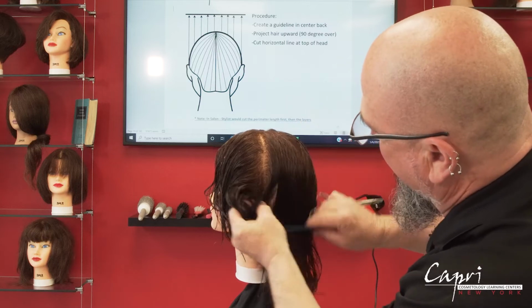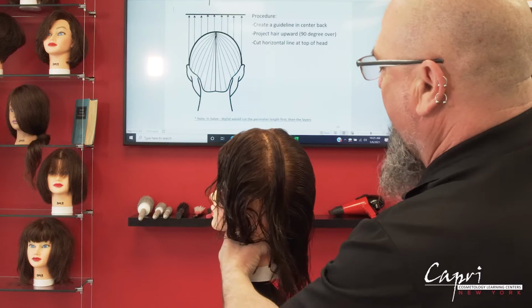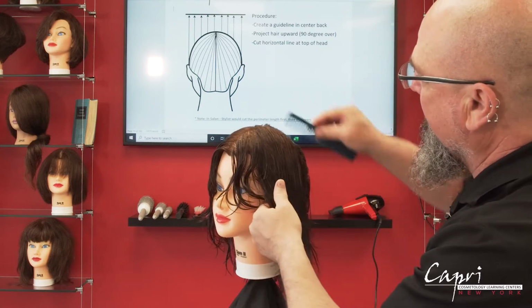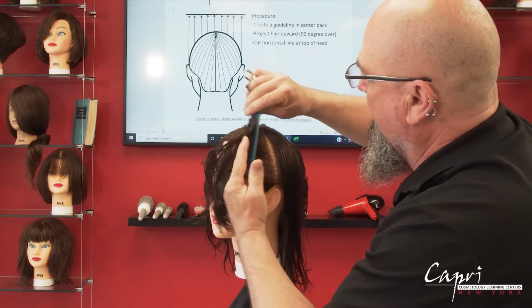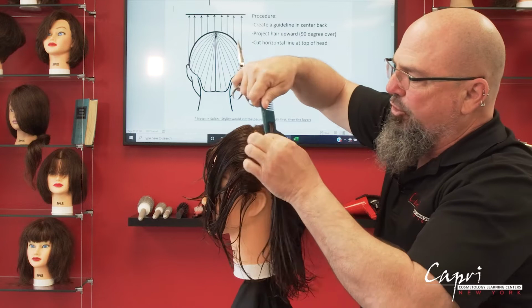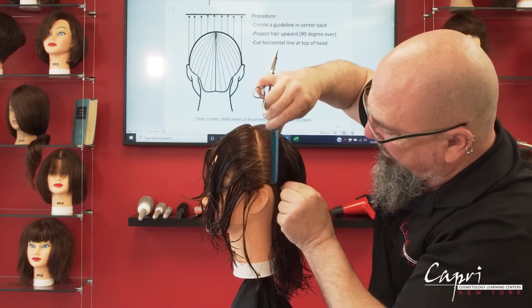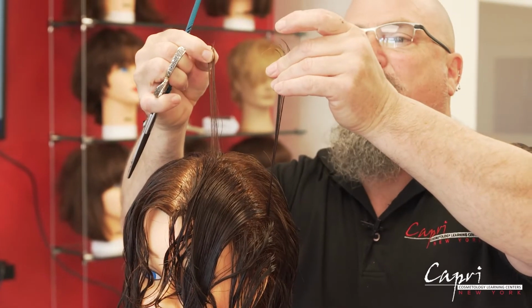So I'm going to take again some of the guideline and push it out of my way. Now we're going to be taking a new guideline right from that pie section. We're moving into our side here. And what I'm going to do now is make sure that this bottom line, which is right above the ear, does not go above my guideline, which I'm going to cut.